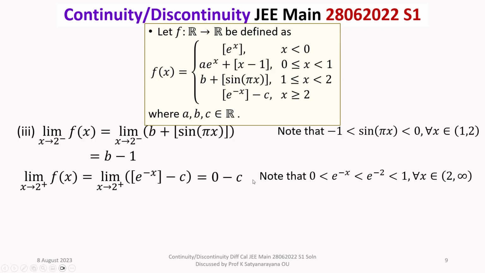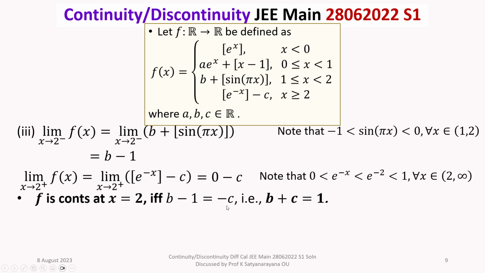So 0 minus c. So for continuity, the left hand limit is equal to the right hand limit. It will be continuous at x is equal to 2 if and only if b minus 1 is equal to minus c. That means b plus c is equal to 1.